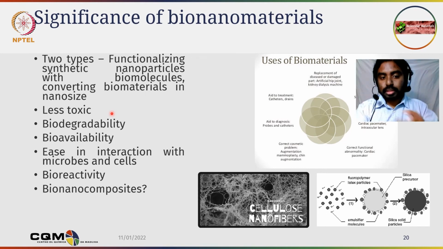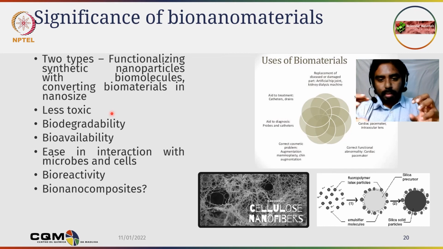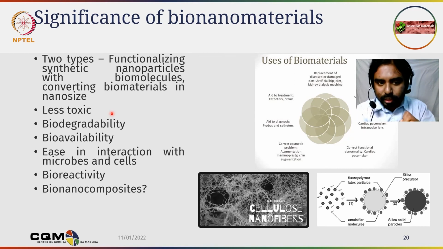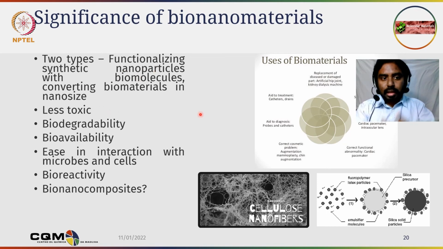This is called a composite. When you blend a biological material and a normal material together, it becomes a bio nanocomposite. The best example for functionalizing synthetic nanoparticles is here, and the best example for converting a biomaterial into a bionanomaterial is here, cellulose nanofibers.